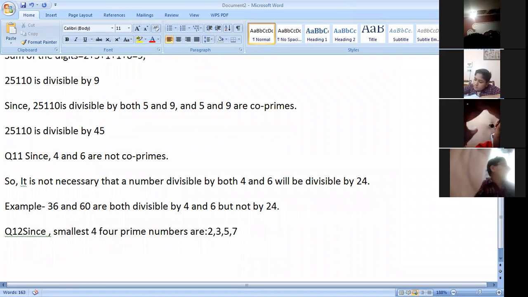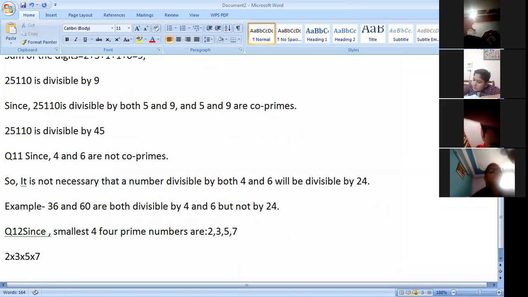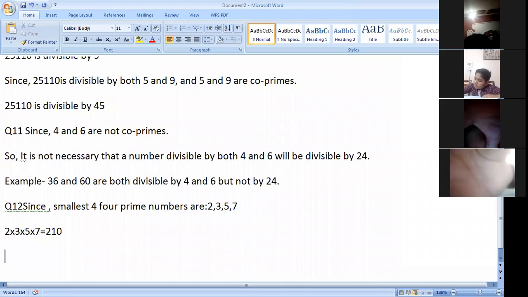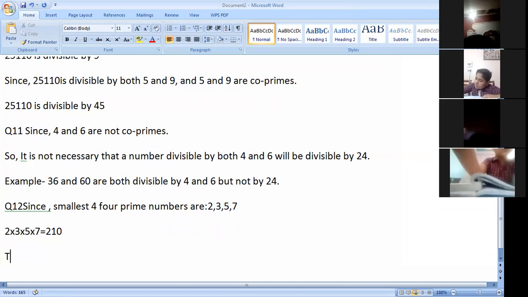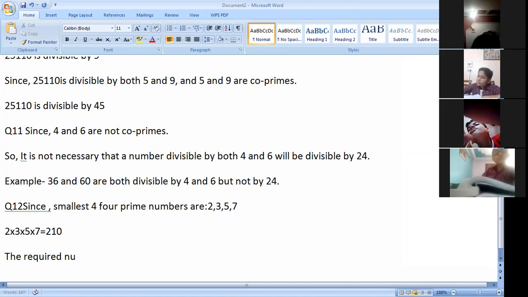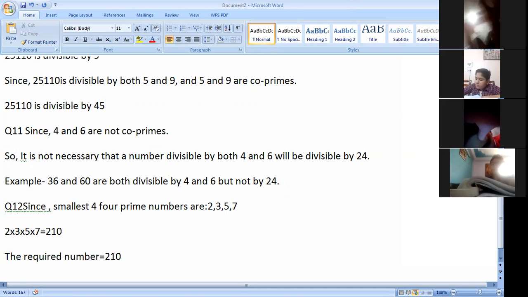So 2 multiplied by 3 multiplied by 5 multiplied by 7. How much will it be? 2 threes are 6, 6 fives are 30, 30 sevens are 210. So the required number is 210. Clear? Yes, ma'am.